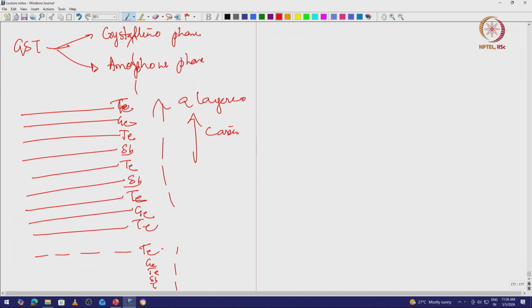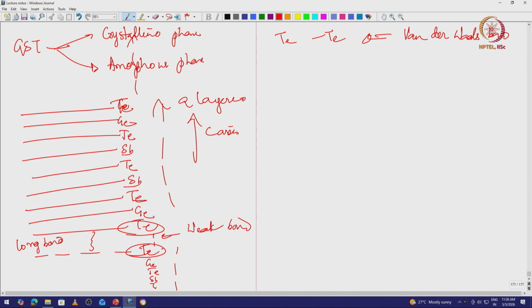So in the C axis this is how they arrange themselves. Here I am bonding between tellurium and tellurium, and this is a weak bond, a van der Waals bond.